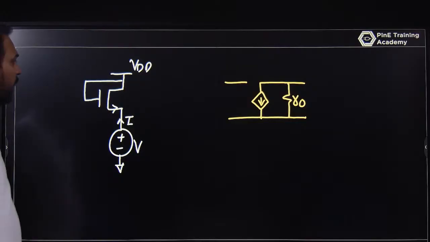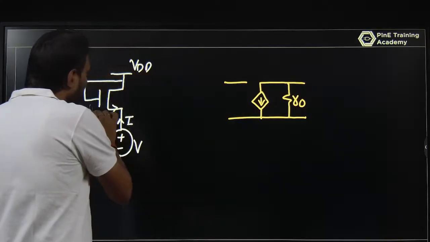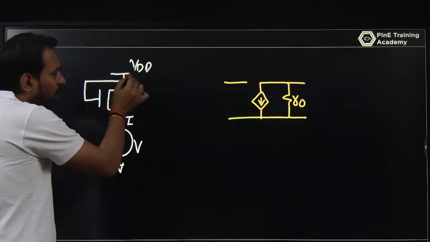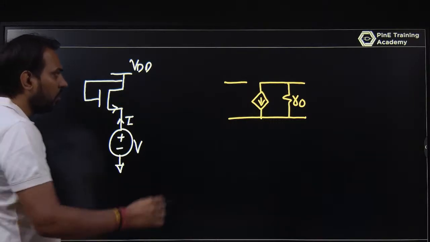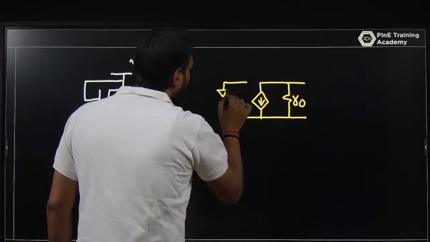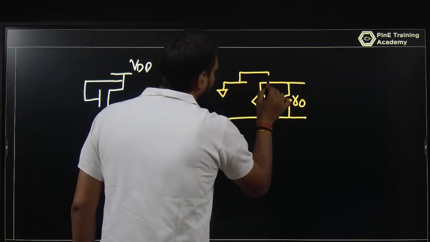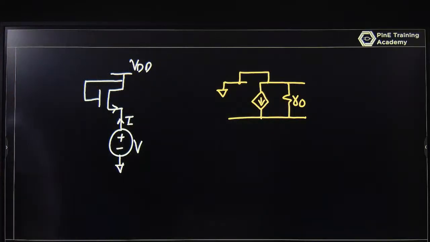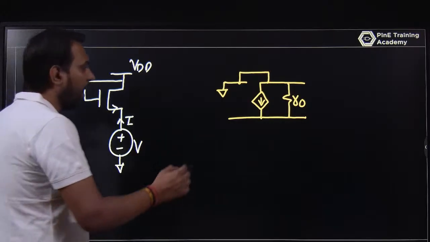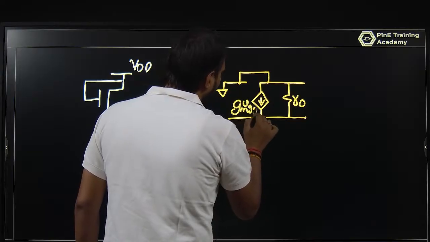So this is your gate voltage. And for the small signal model, VDD becomes a short to ground, so this is grounded here. And gate and drain are connected, so you can say it is connected like this. And here it is gm VGS.